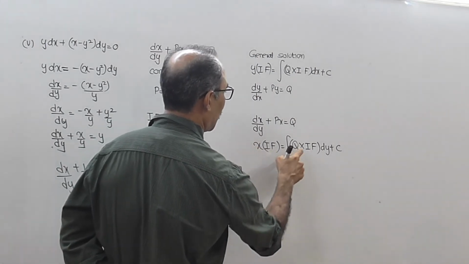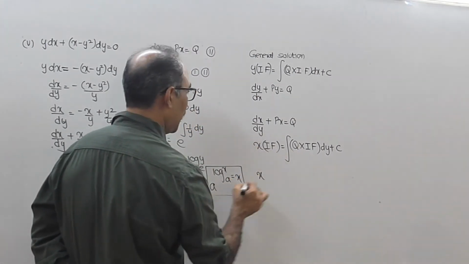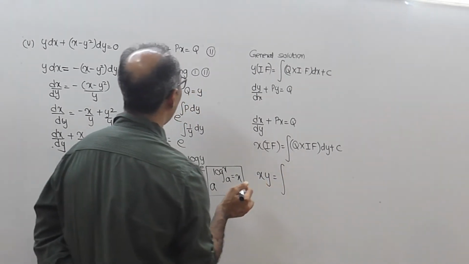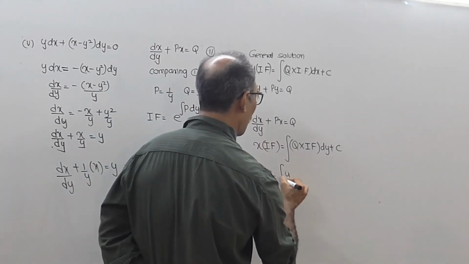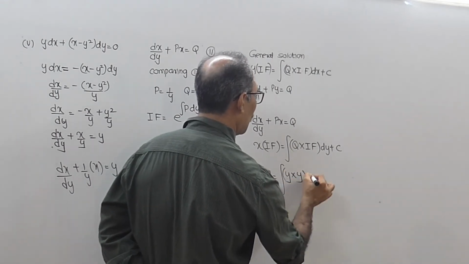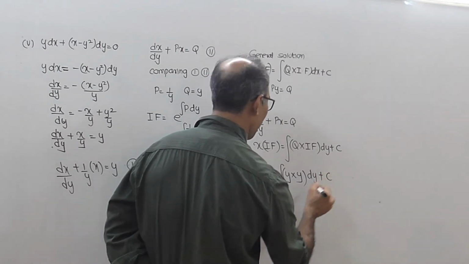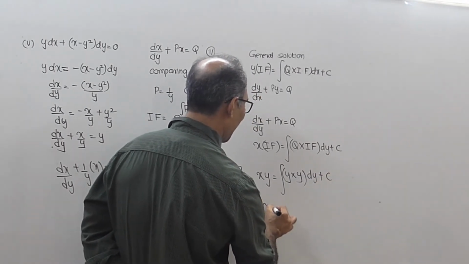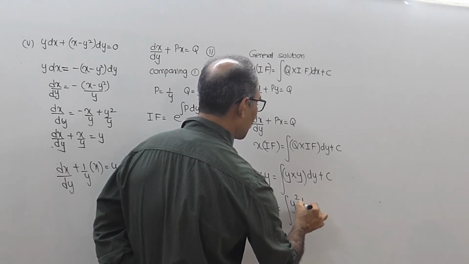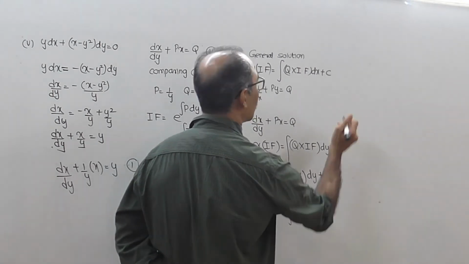So x integrating factor is y, integration q, what is q? y, integrating factor is what? y, followed by dy and plus c. So this is xy equal to integration y square dy plus c.